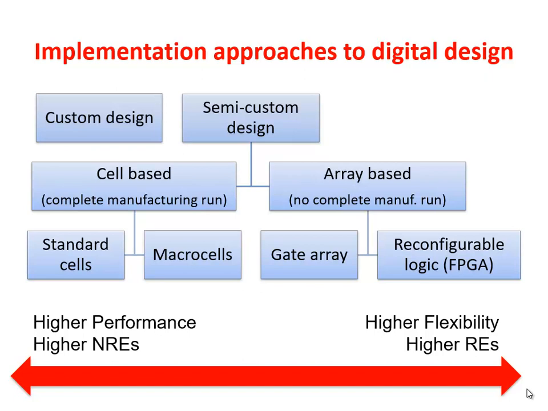So this is important because the trade-off in terms of total cost of a single solution depends on the non-recurring expenses, on the recurring expenses, and also on the number of chips that you expect to sell.